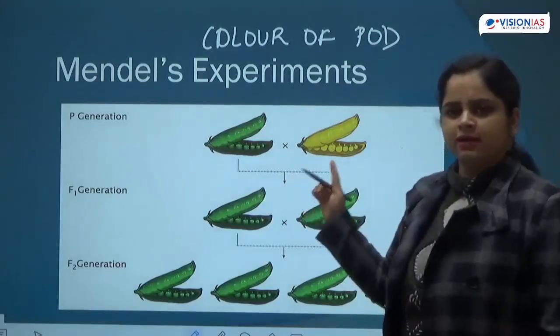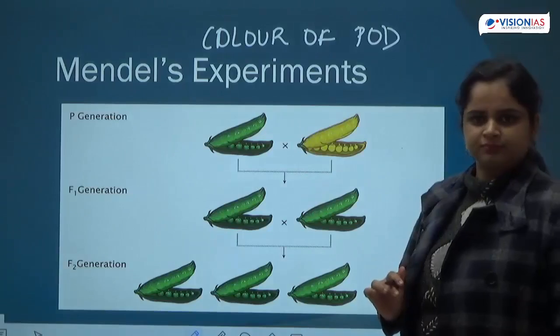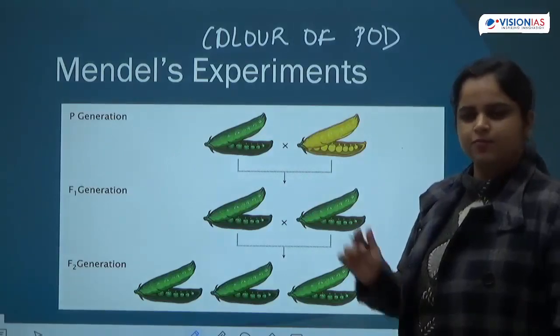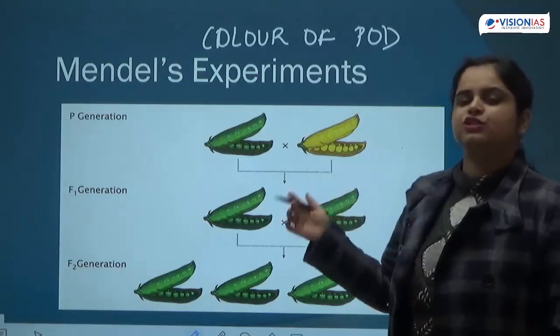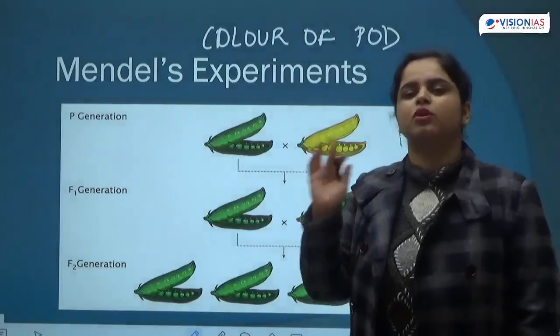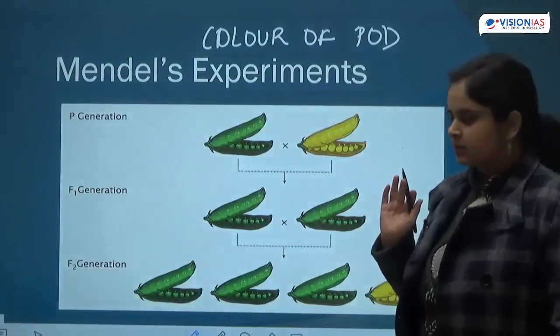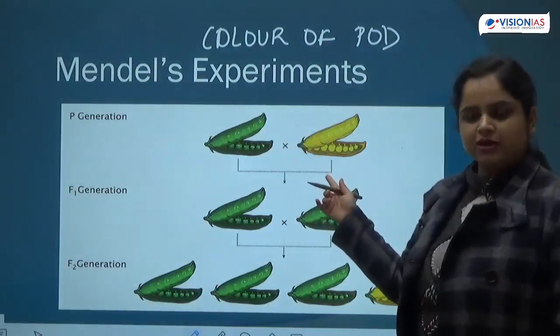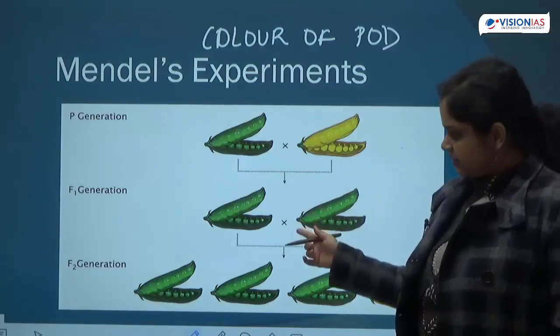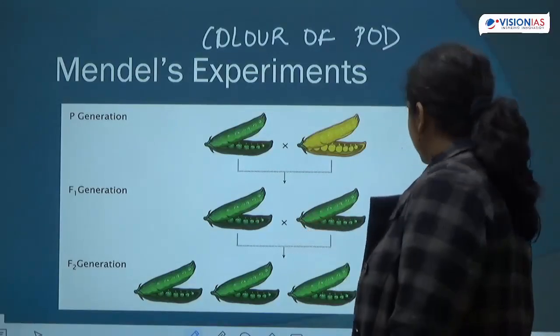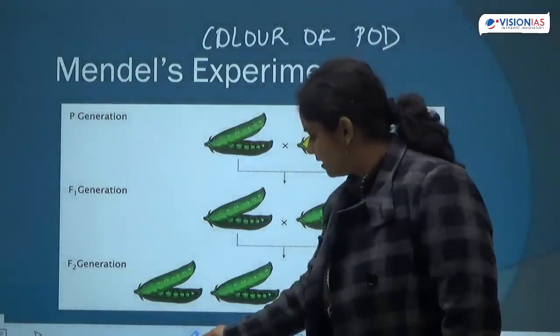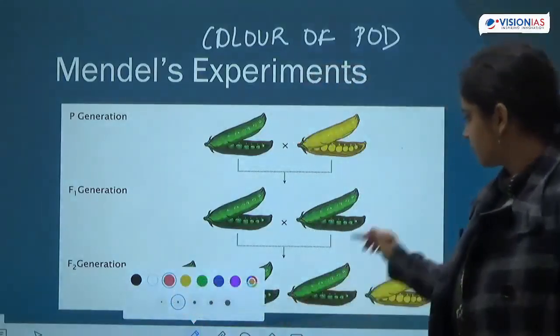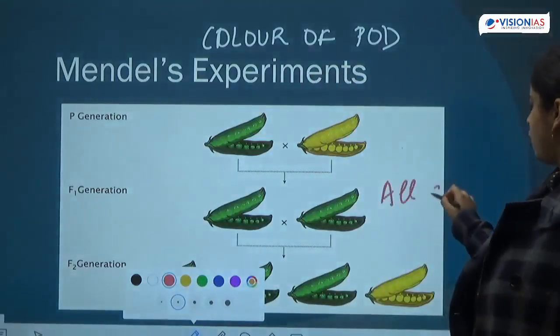One was green, one was yellow. He brought 2 of these plants just to see what they are going to produce in the next generation. So on reproduction, in the next generation, what he found was all of these plants were all green.